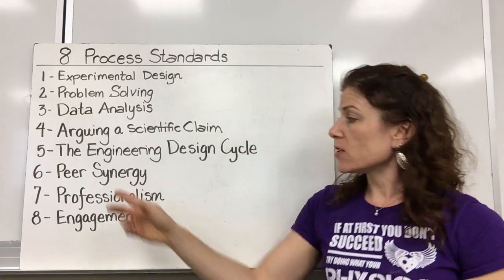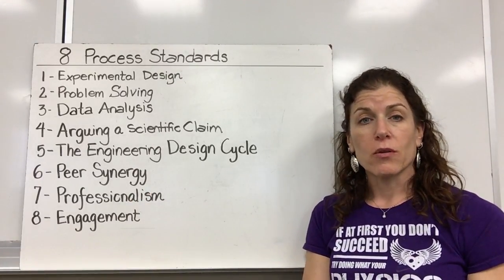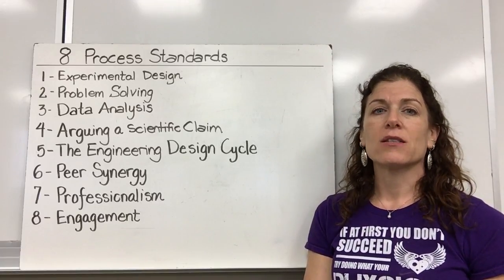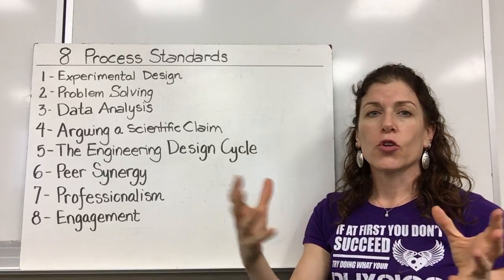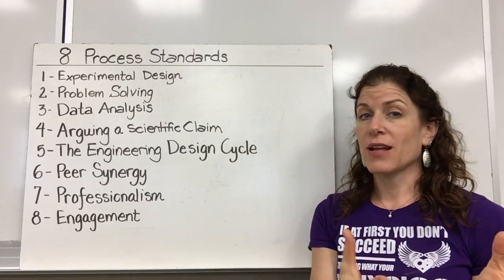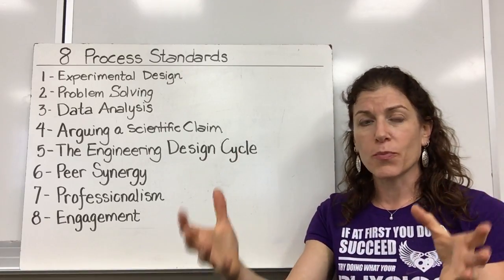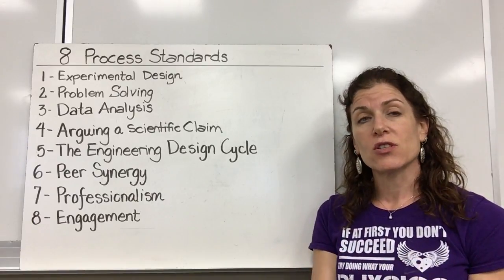The seventh one is about professionalism. So how you present your work is important. That you care about spelling, that you care about grammar, that you care about neatness, that you use the right format for your products, and you pick a format that matches what you're trying to say, that you don't pick a report format for something that should be media based, those types of decisions.